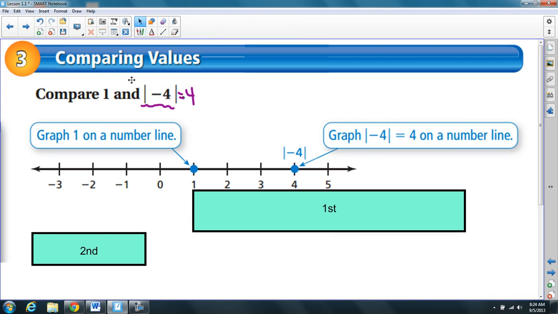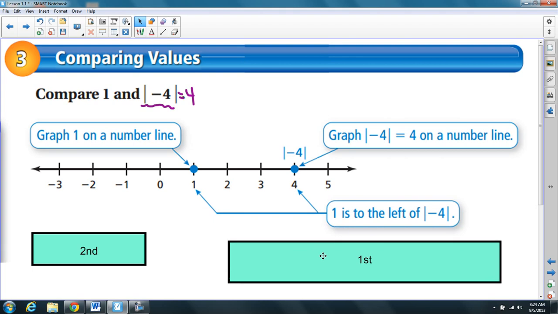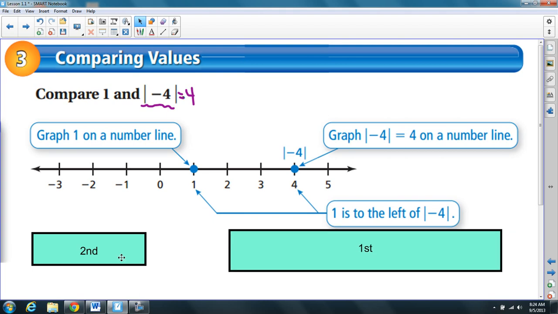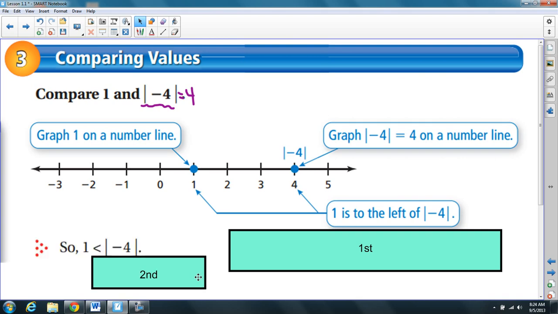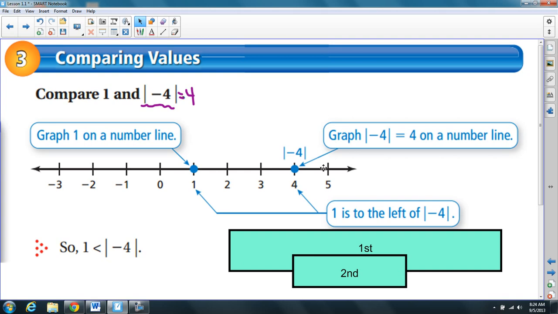Now that we know where these two numbers are worth on the number line, we're able to compare the two numbers. Which one is larger, positive 1 or positive 4? Which one is greater? Okay, so 4 is bigger than 1, so that means 1 is less than 4. So we put the less than sign in here.